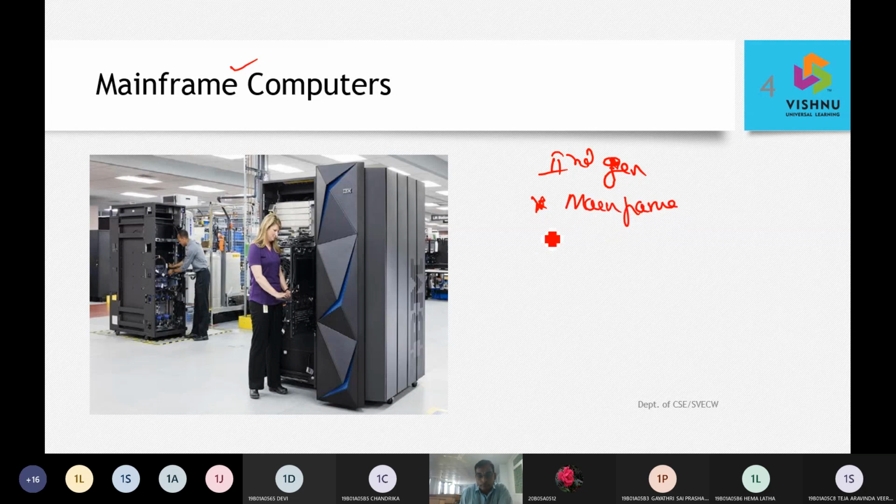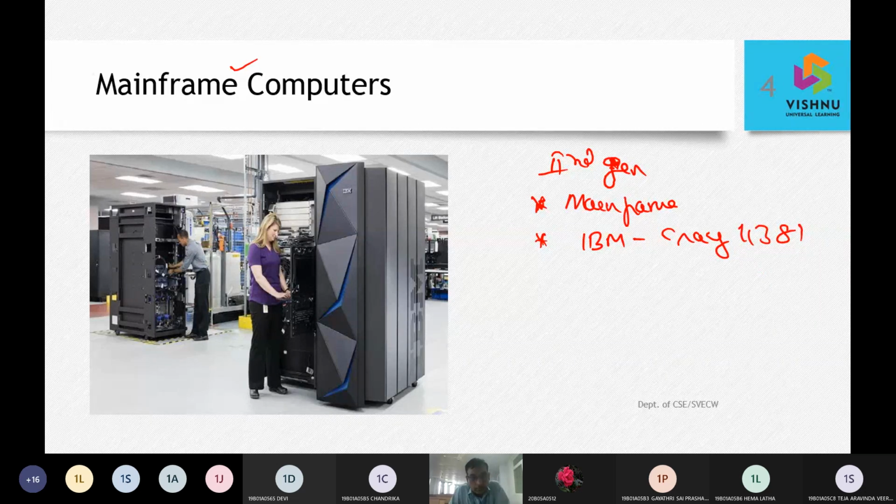This mainframe computer was developed by IBM, and they called it some Cray, with the 4381.